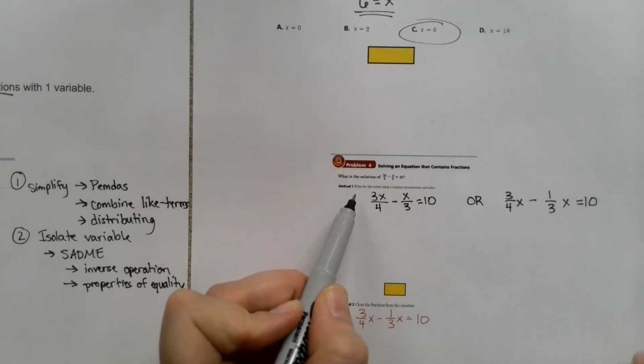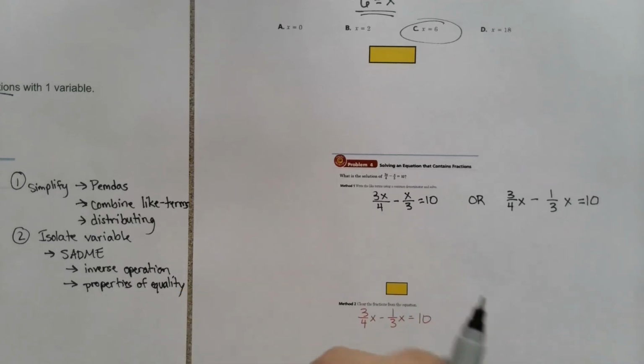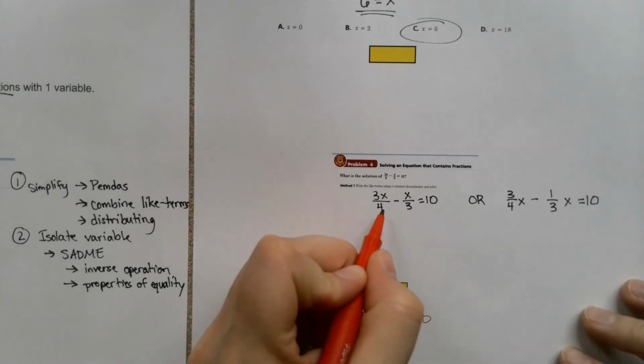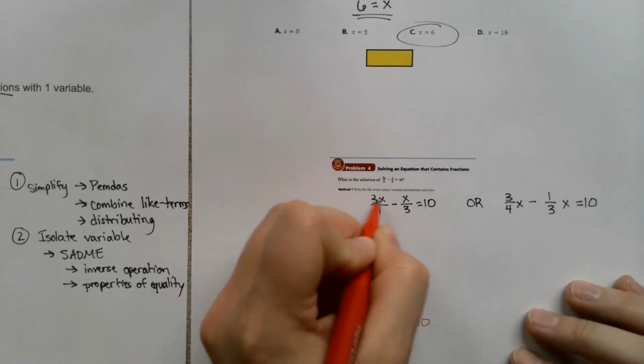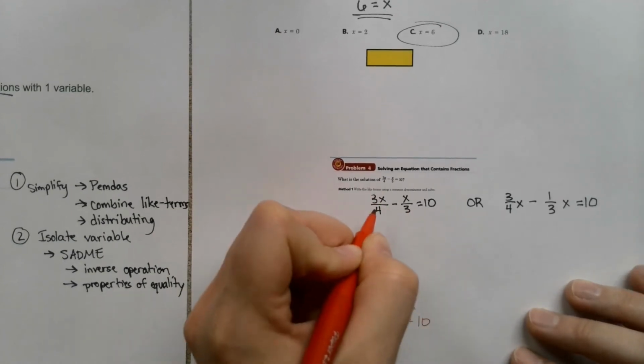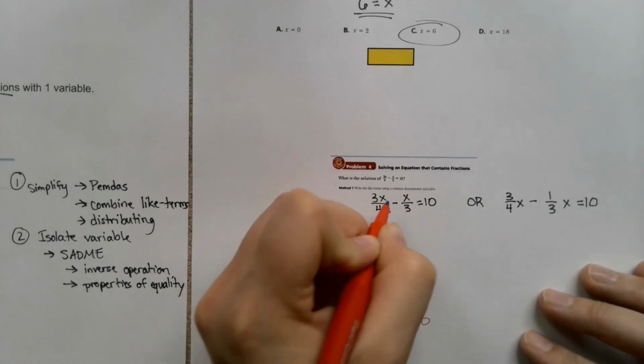Method one way of solving it is to write like terms using a common denominator. So that's what we're going to do right here. So if we're doing that, to get a common denominator between the 3 and the 4, I'll multiply the first fraction by 3.